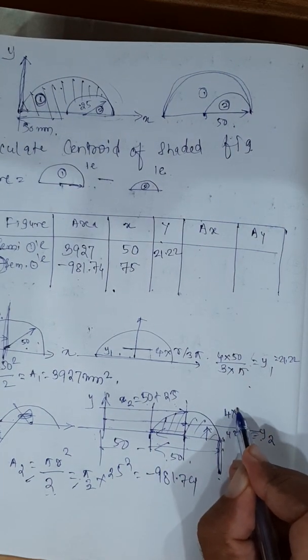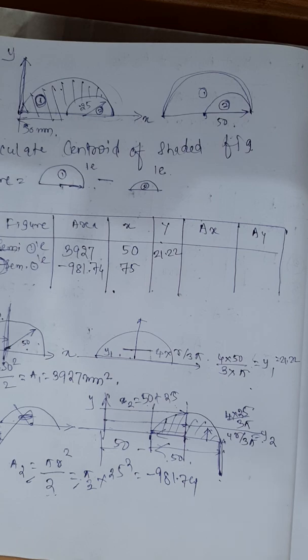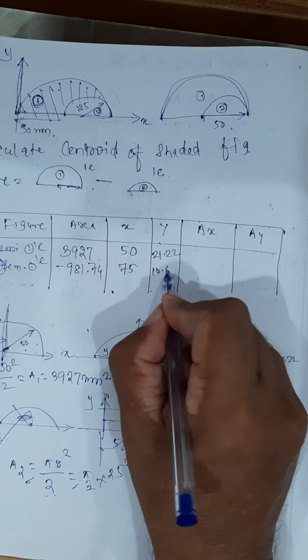Therefore it is 4 into 25 divided by 3 pi. 4 into 25 is 100, divided by 3, divided by pi, is equal to 10.61 mm. So I got a value of y2 as 10.61.